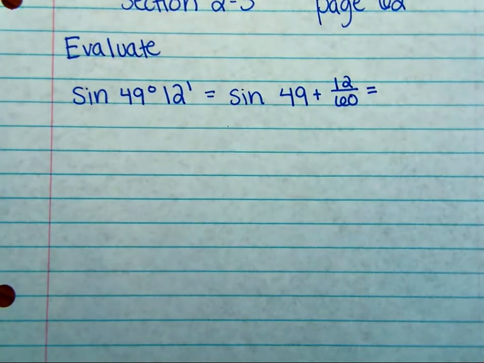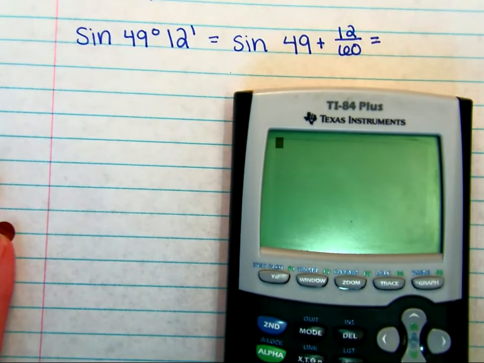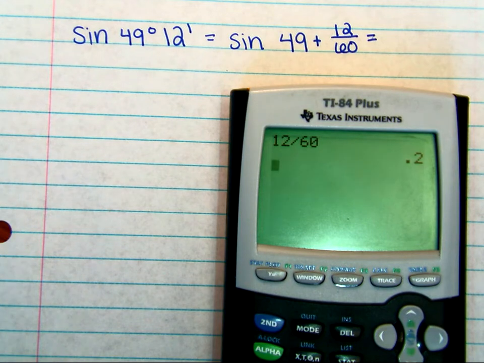All right, so use your calculator to do 12 divided by 60. That's .2. So really we're finding the sine of 49.2. So I'm going to hit sine 49.2. There is the sine. Remember, that is the ratio of the opposite side and the hypotenuse side.